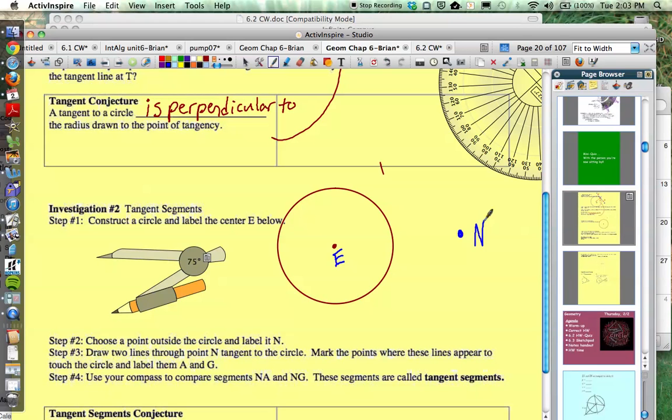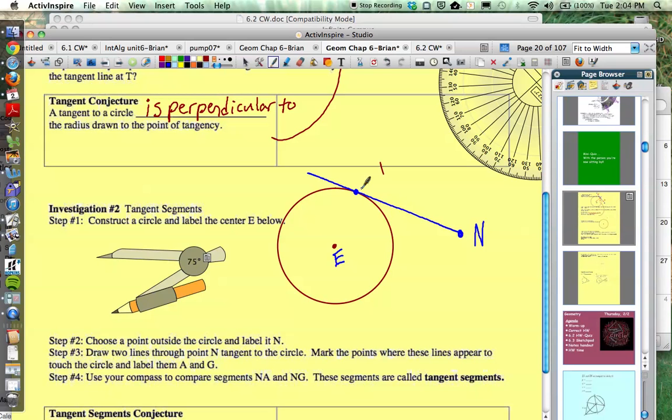Mark the points where these lines appear to touch the circle and label them A and G. So if you take your straight edge, go from N, and then try to just hit the tangent or point of tangency on the circle. So you just want to hit that circle one time here. So let's say right about there.